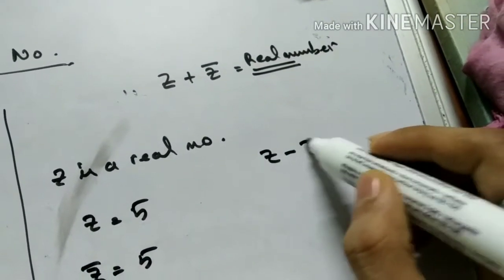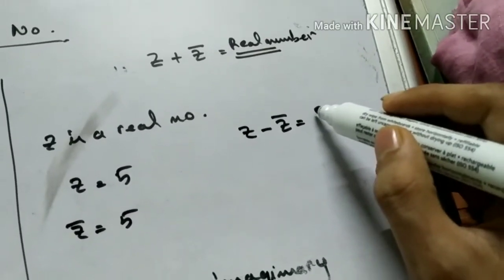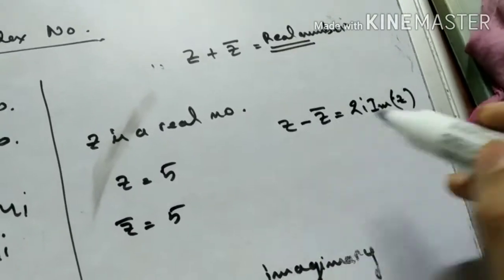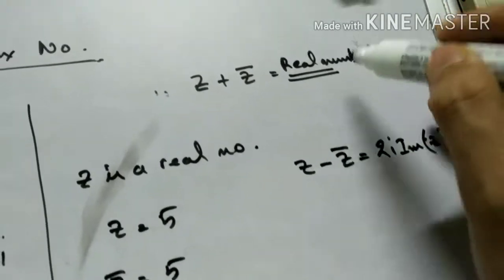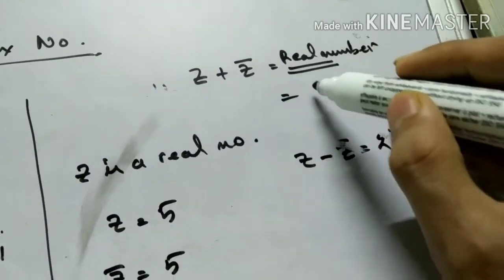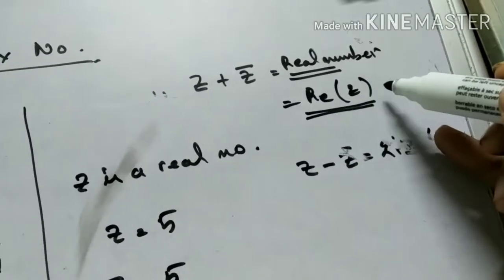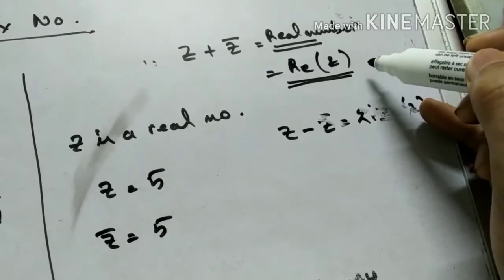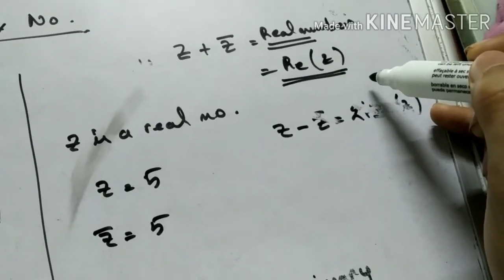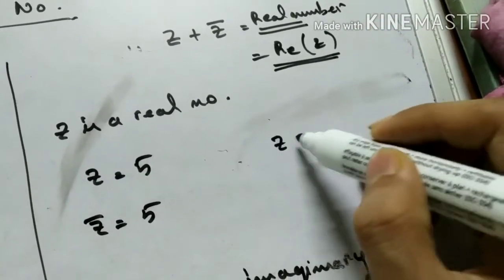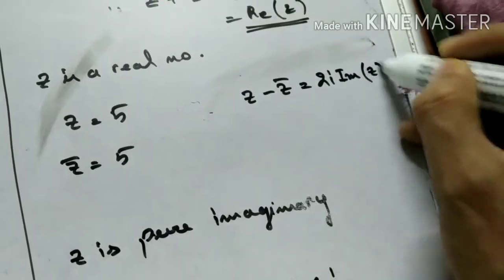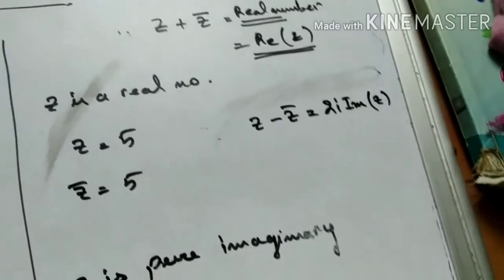And Z minus its conjugate becomes twice I times Im Z. For example, you see here, Z plus Z conjugate is equals to a real number, or you can say it is equals to Re Z. You will get the real part of Z, and then Z minus Z bar, you will get twice I Im Z, the imaginary part of Z.